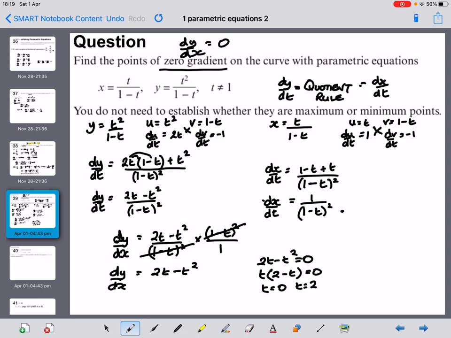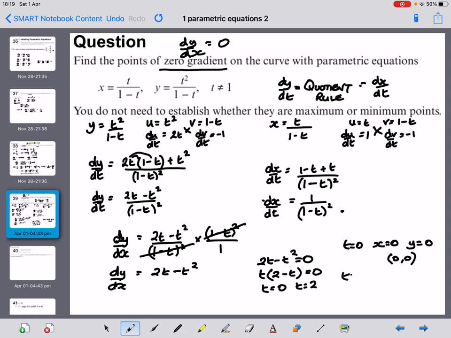Okay, we just now need to figure out what the actual coordinates are. So when t equals 0, x will equal 0 over 1, which is 0, and y will equal 0 squared over 1, which is 0. So that's the point 0, 0.